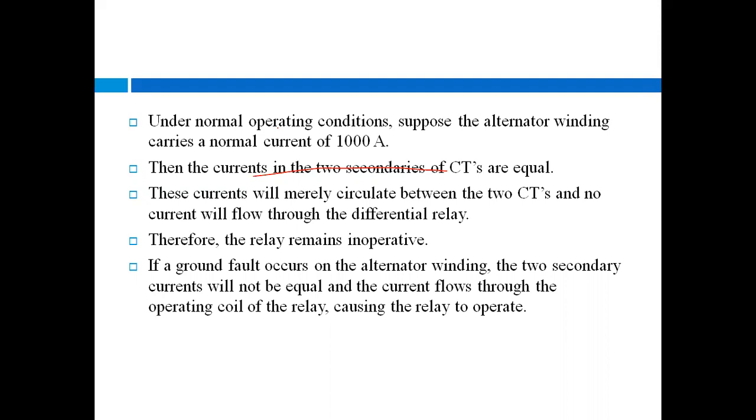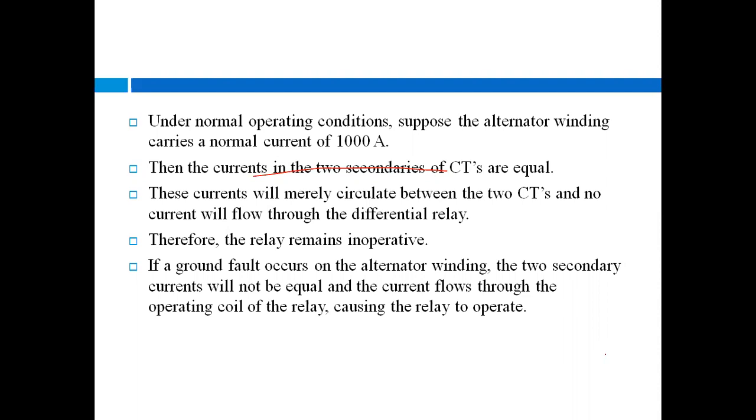If any fault occurs, here we are considering the ground fault, or earth fault, on the alternator winding, the two secondary currents, I1 and I2, will not be equal, and current flows through the operating coil of the relay, causing the relay to operate.